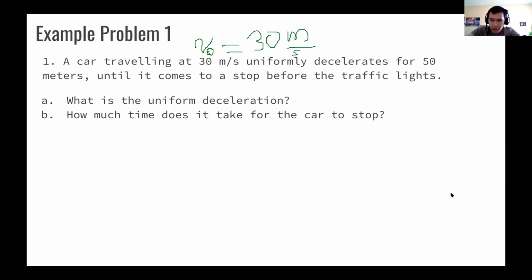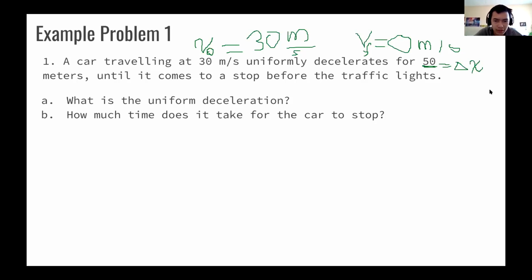And v final, since we're told it comes to a stop, is going to be equal to 0 meters per second. And this is going to be equal to delta x.